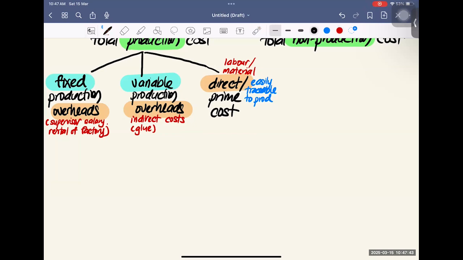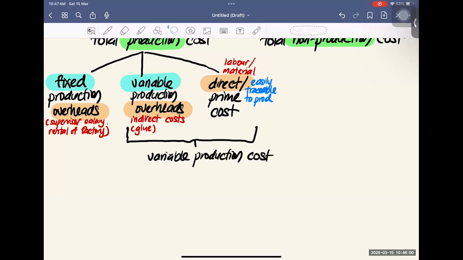So therefore, these two are what we call variable production costs. Both are variable, both are also production related. So these two are called variable production costs.